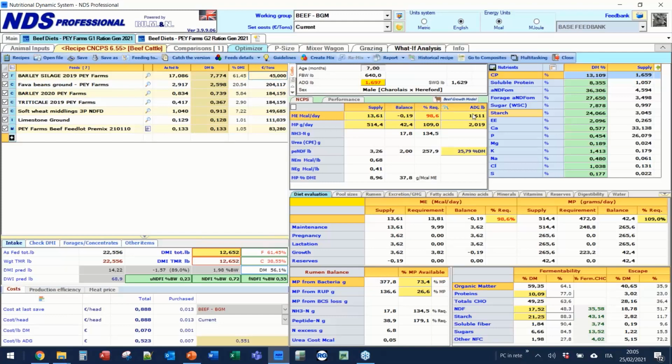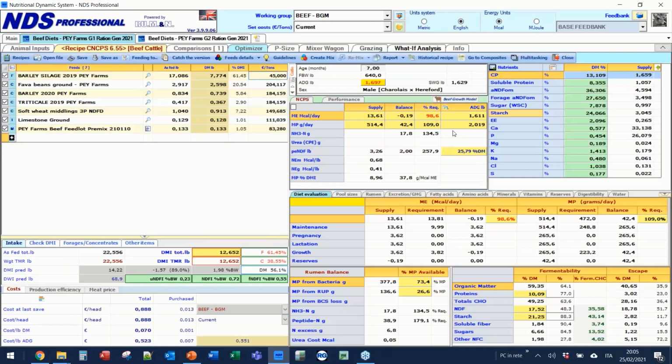Metabolizable protein. Talking about metabolizable protein, I may want to underline that we still have here a similar issue we described for heifers.